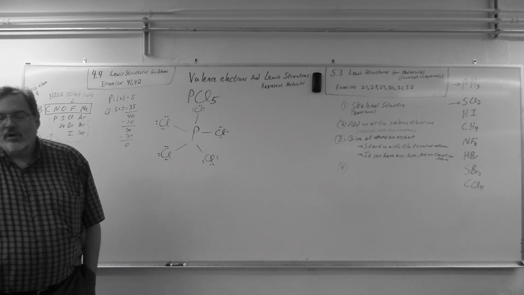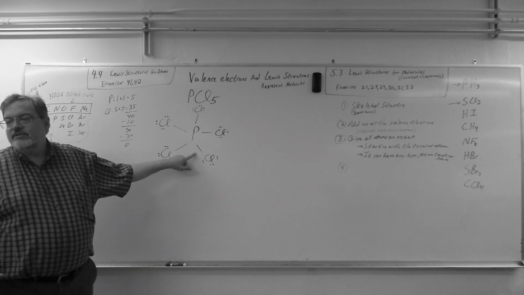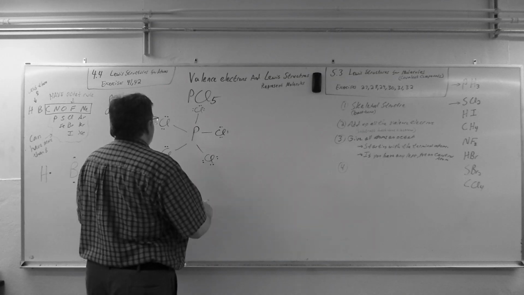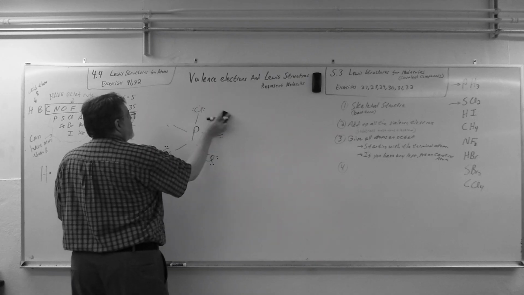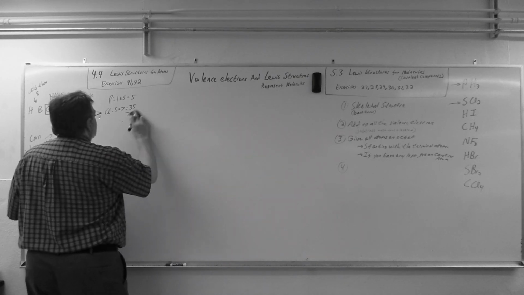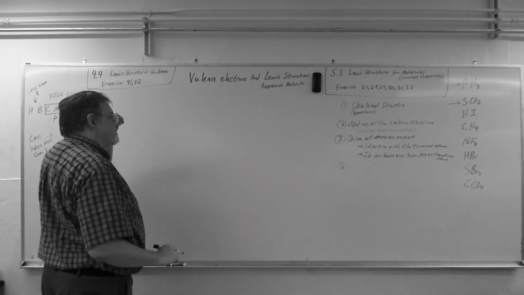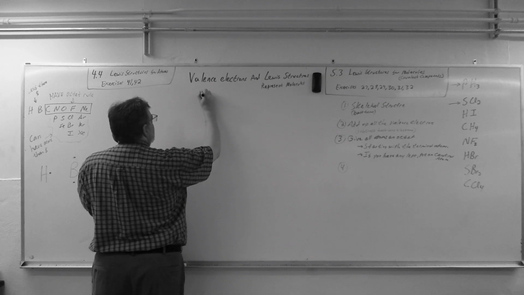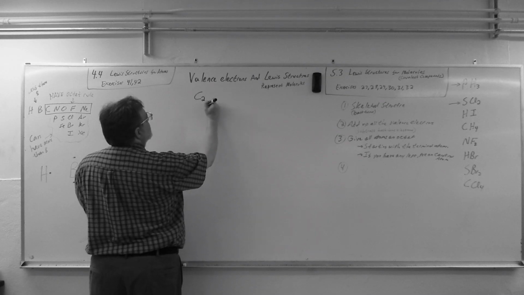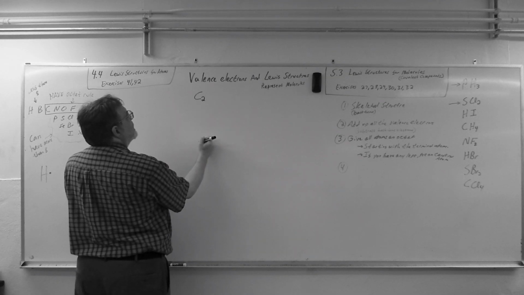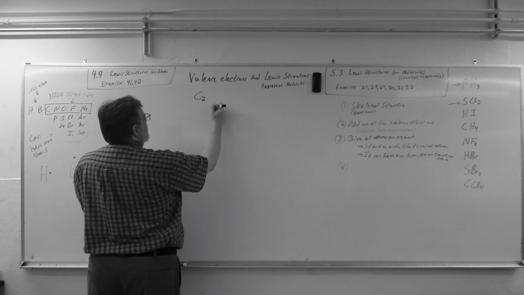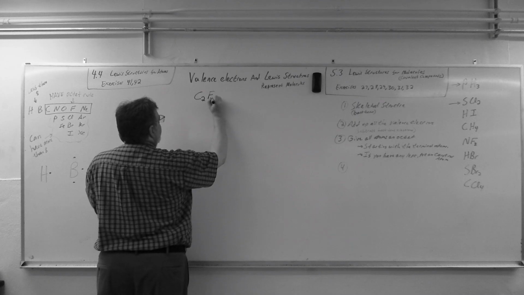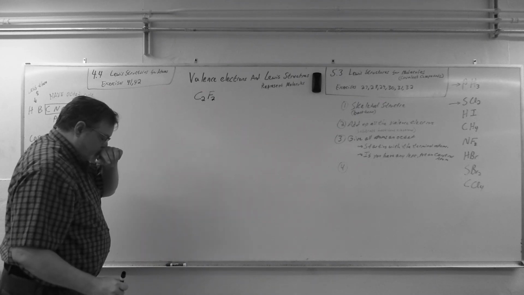You took chemistry before, so you know that these are single bonds, but there's such a thing as double bonds and triple bonds. Let me show you how those arise. An example would be C2F2.